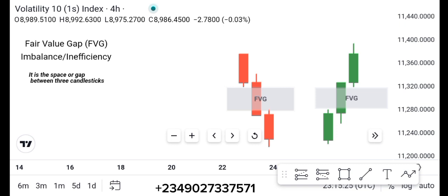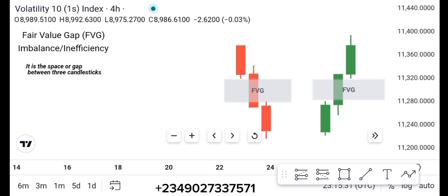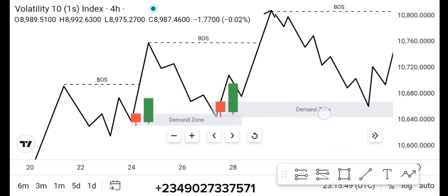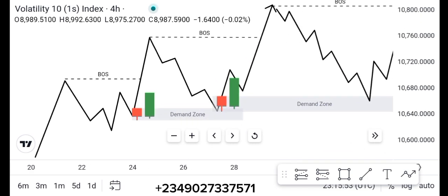So let's go back to what we were talking about on supply and demand. When you want to draw a demand zone, it must be the last bearish candle before the impulse move. You can see the first candle, second candle; I only draw these two candles instead of three, but I believe you can understand it.